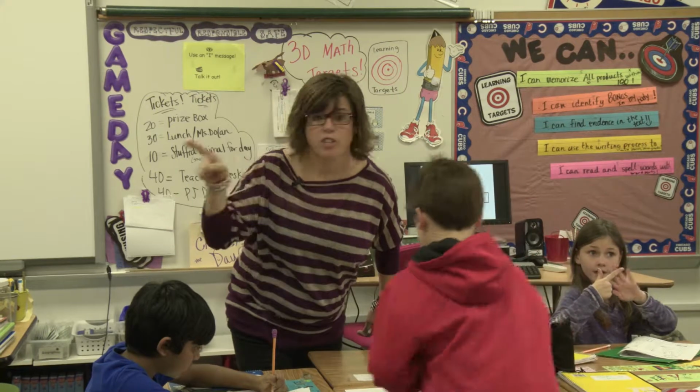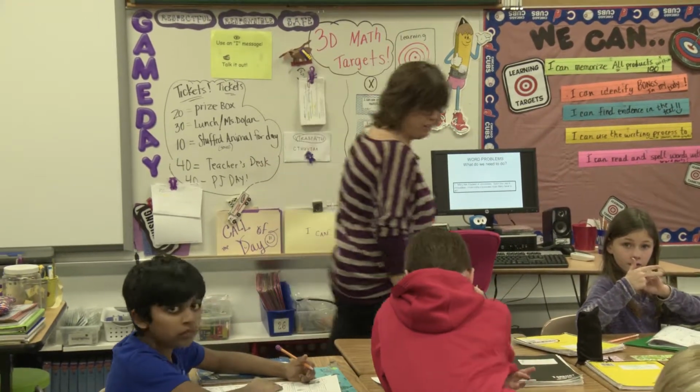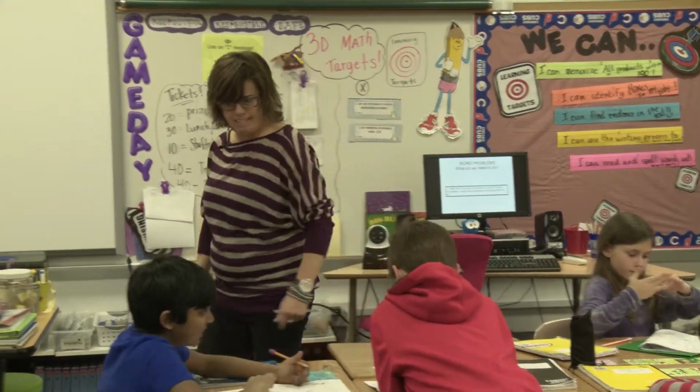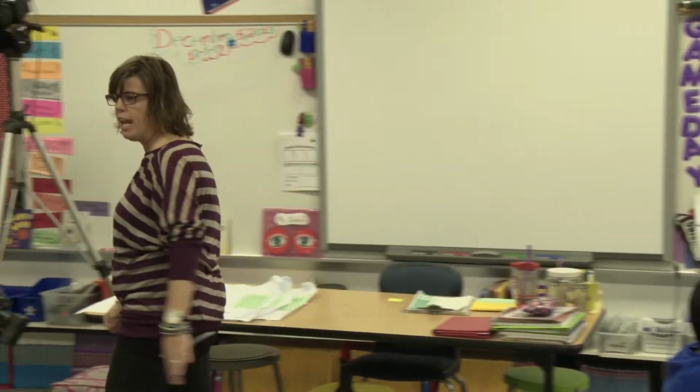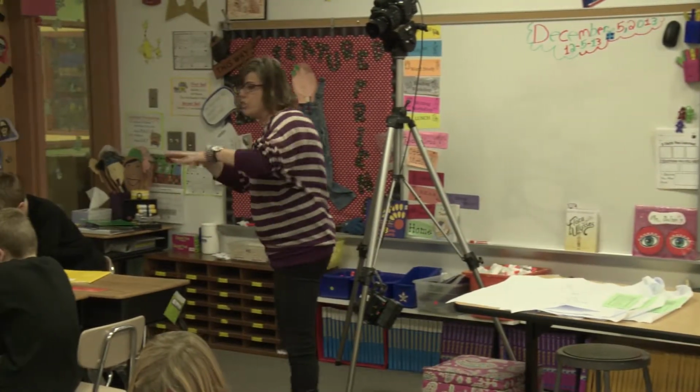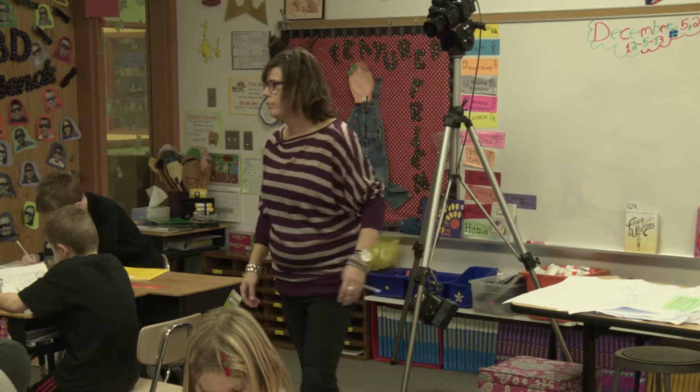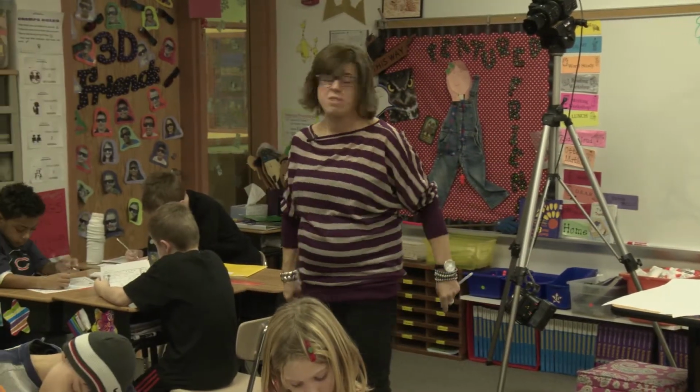Double check your answers because it doesn't look like any partners yet. When you're ready, put your hand in the air and find a partner to share. But find a new spot to sit and share.